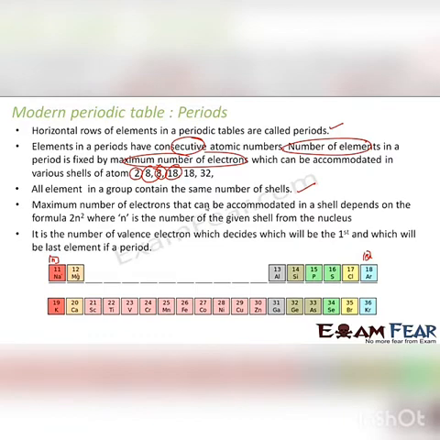And it is the valence electron which decides which element will be the first and which will be the last. For example, the one with 1 valence electron will be the first, the one with 8 valence electrons will be the last. Correct? The exception is the first period, where helium has 2. You can say that the one with 1 valence electron is the first, and the one which has the valence shell filled is the last.